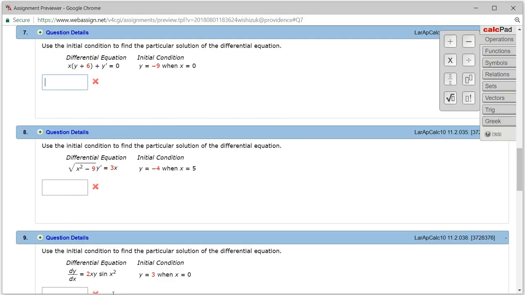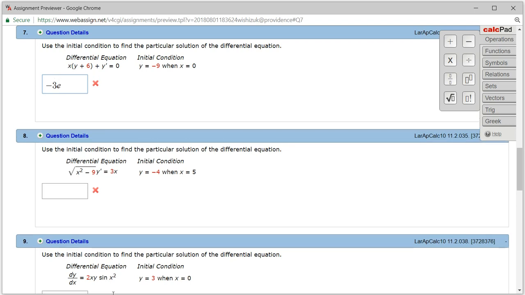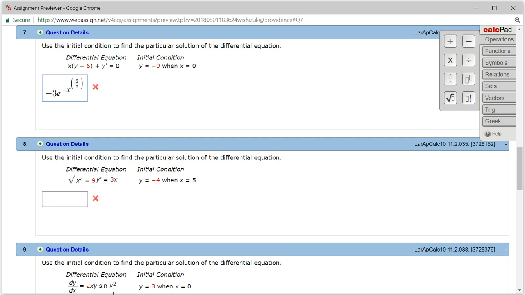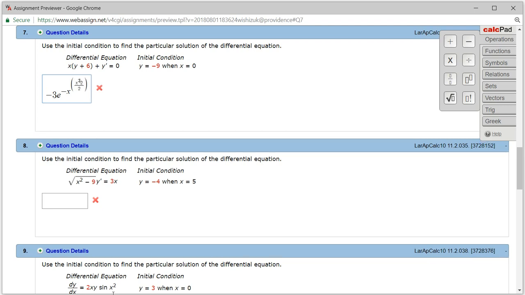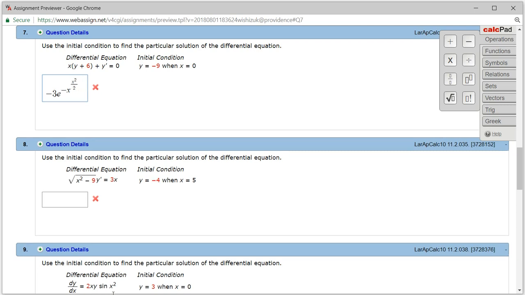So we have negative 3 e to the negative x squared over 2. We don't need the parentheses here, there's a negative sign there. Actually, it's not right, it's x squared, sorry about that.